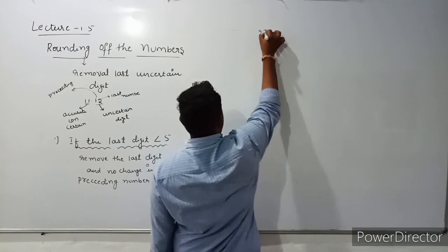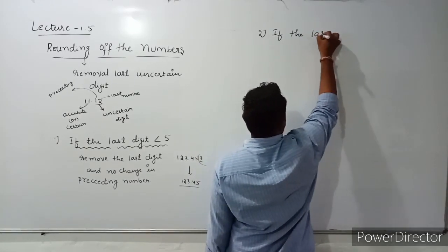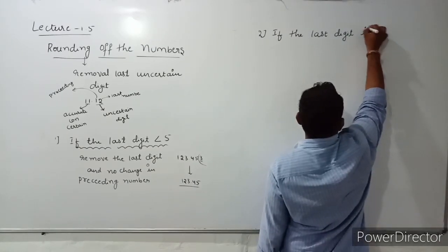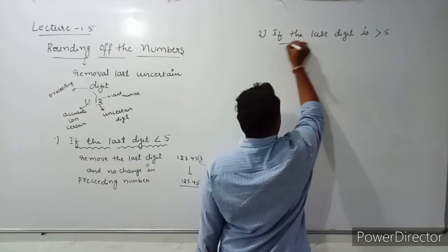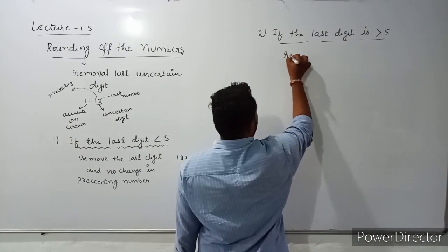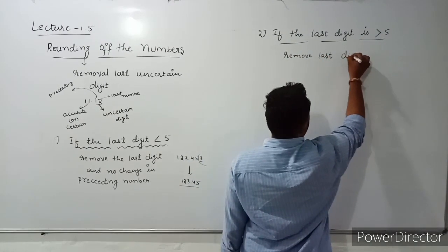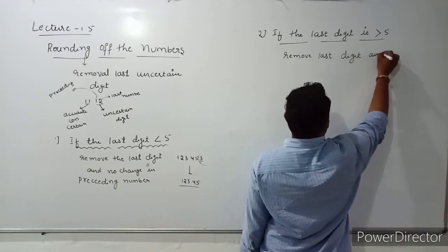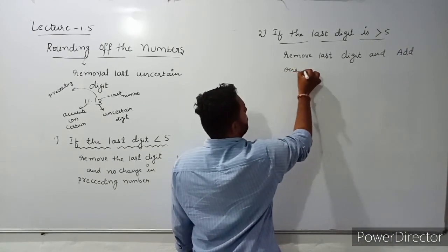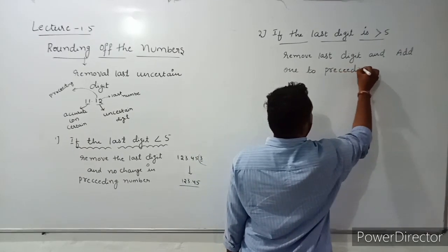The next rule: if the last digit is greater than 5, then remove the last digit and add 1 to preceding number.